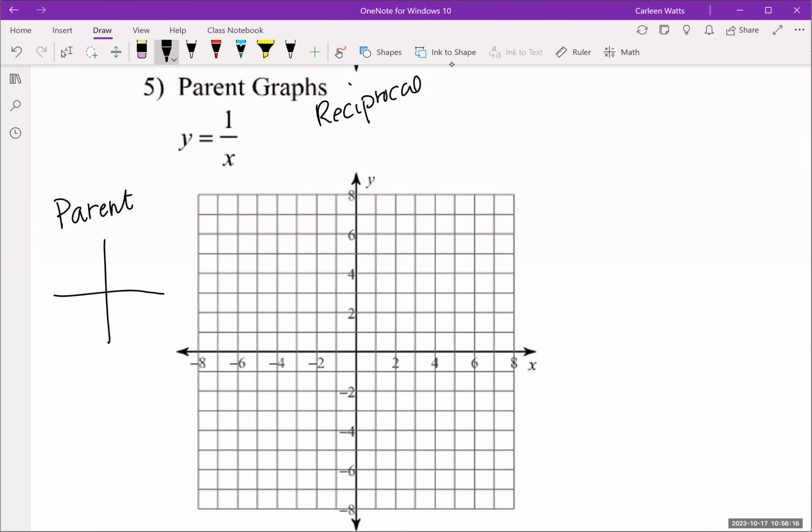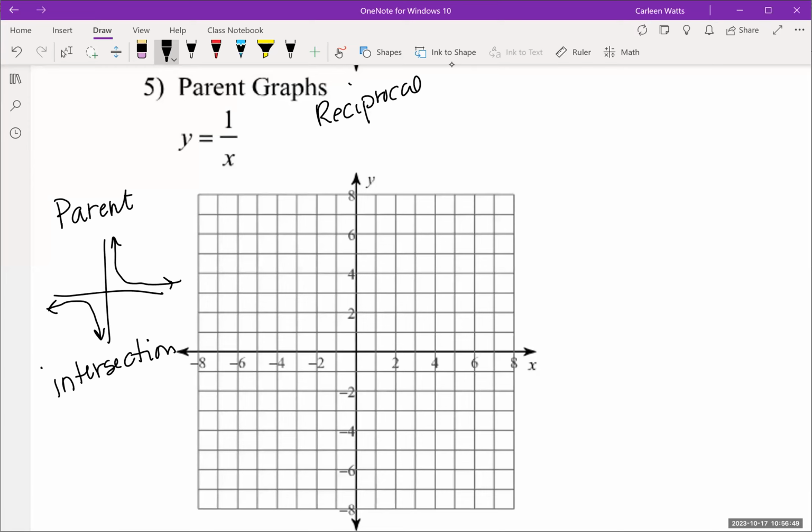Now, this looks like an intersection. Looks like cars making right turns. So this car's coming. There it goes. This car's coming. There it goes. Also kind of looks like a butterfly. So that is the parent graph.